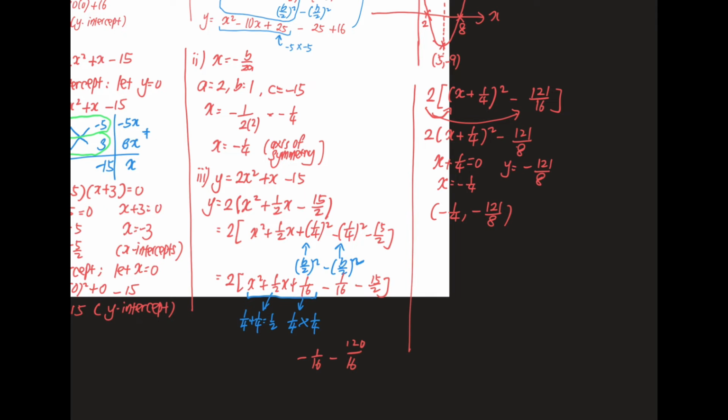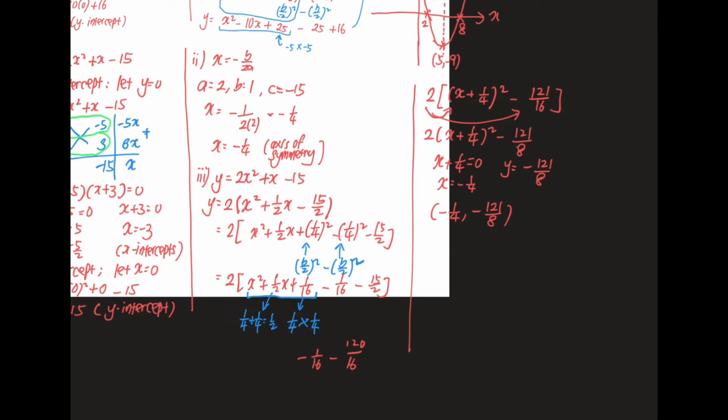Once we get the turning point, we have to know whether this is a maximum or minimum by looking at the number in front. Either you look at this, where the number in front is 2, a positive value, or you look at the one after we finish completing the square, which is also 2.